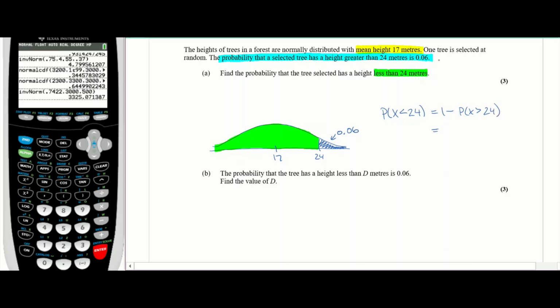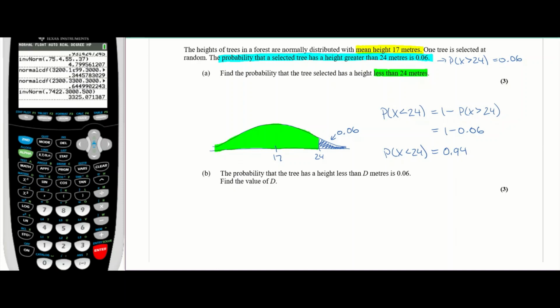But we know that the probability of being greater than 24 meters is 0.06. So if 6% of the data are above 24, then that means 94% of the data will be below 24. So we didn't actually even need the calculator for that. We just relied on the idea that all the probabilities for a normal distribution will add up to 1. And that's sufficient to be able to solve a problem like this.